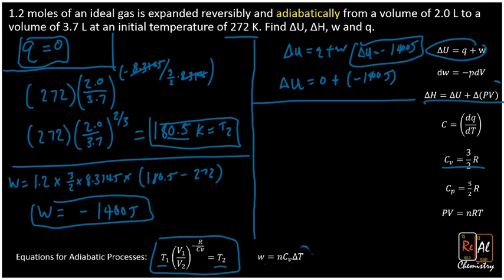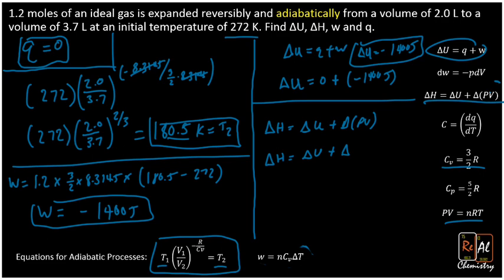All right. So lastly, let's calculate enthalpy. We have our enthalpy equation right there. Delta H is equal to delta U plus delta PV. Same trick here where we use the ideal gas law. We're going to plug in the nRT. We're going to do delta H equals delta U plus delta nRT. And just like we've seen before, the only thing actually changing here is temperature.